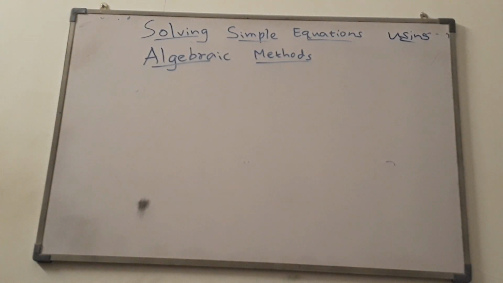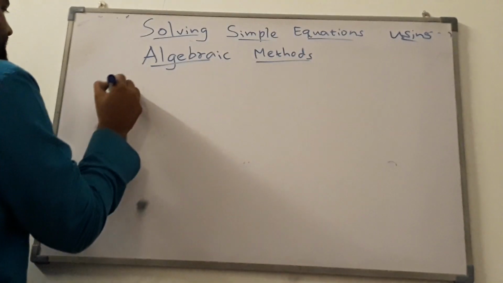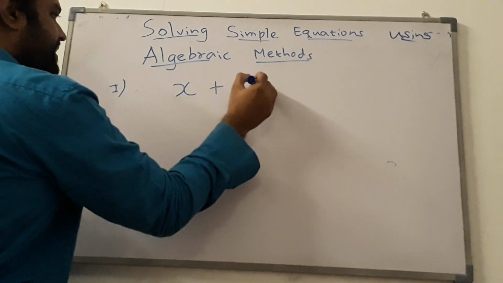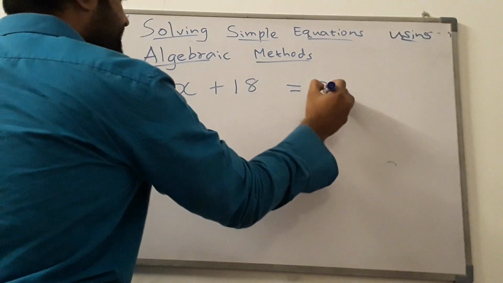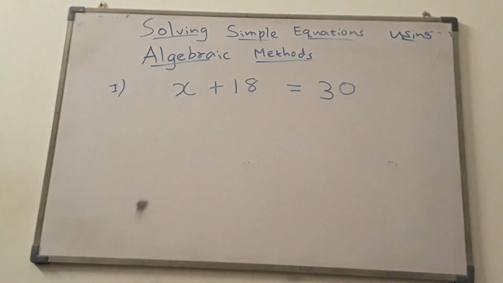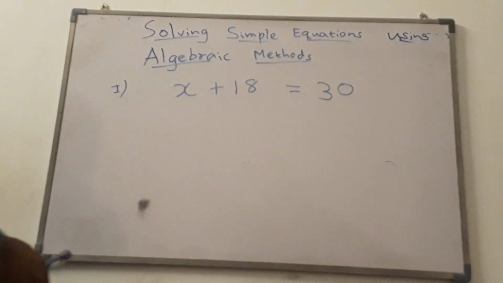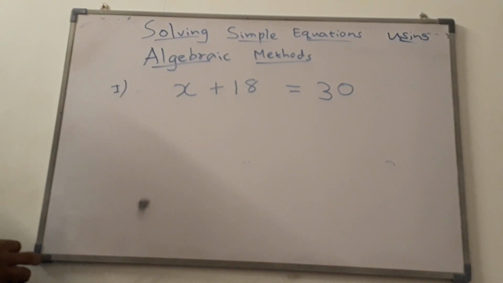Okay, let me take an example like this. First example: x plus 18 equals 30. I know you can assume values, but the thing is, we always can't make use of that.